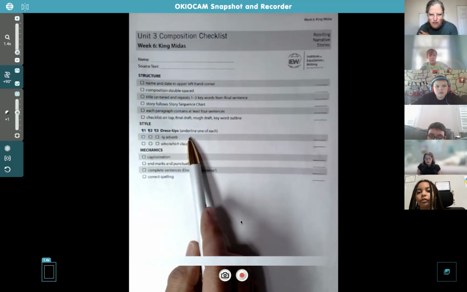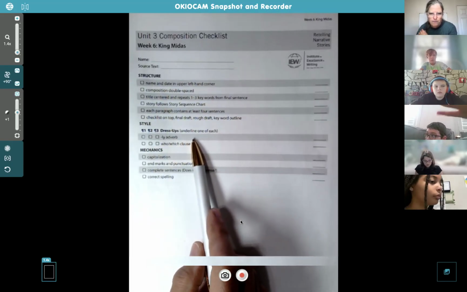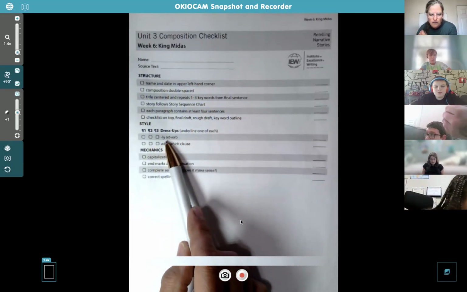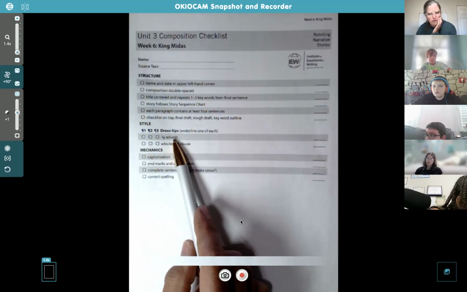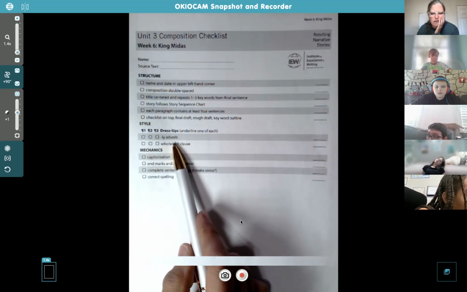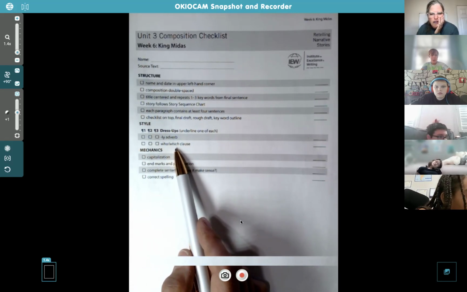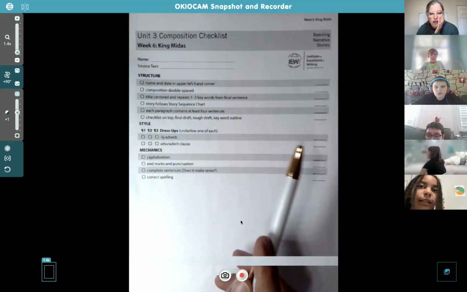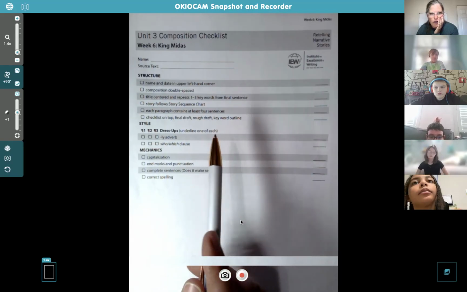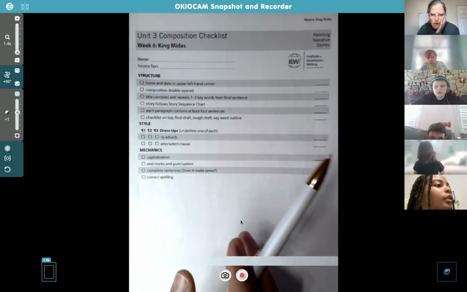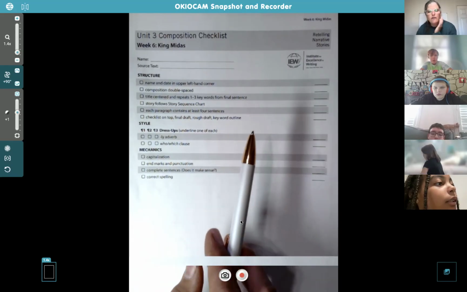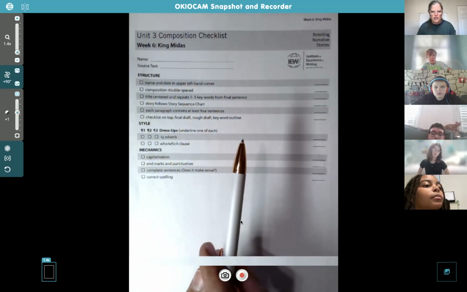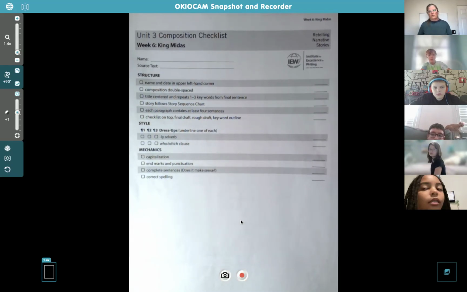He desperately wanted to get rid of the golden touch. Guys have any other ideas of an ly for this story? He greedily asked for everything he touched to turn to gold. Selfishly, that's a good one too. Selfishly, he selfishly asked for everything to turn to gold.